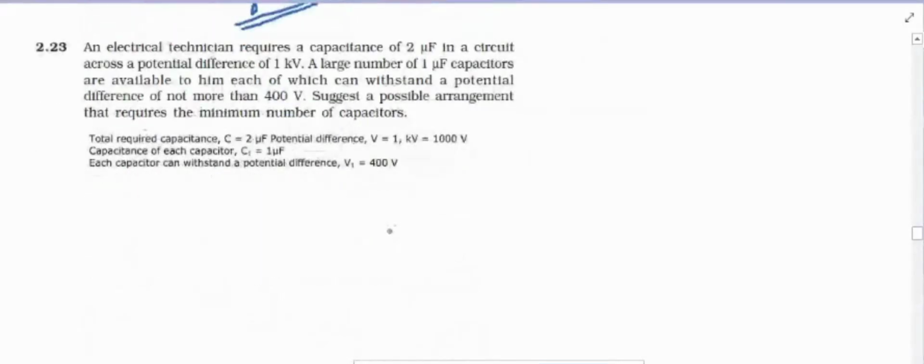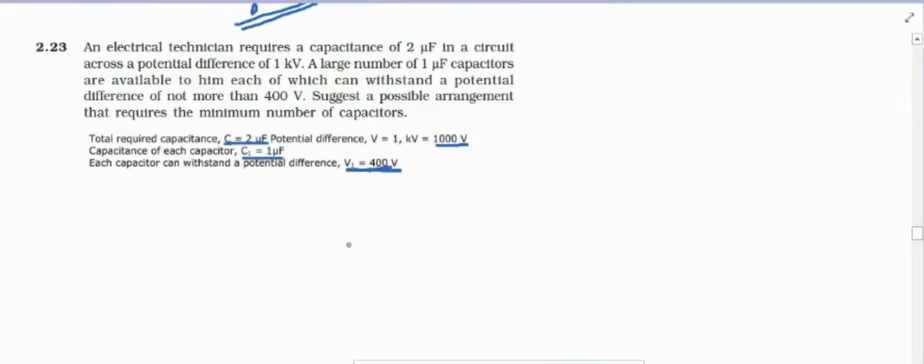Now, next question 23. An electric technician needs a 2 microfarad capacitor. The required capacitance is 2 microfarad. Available potential difference is 1 kilovolt, that is 1000 volt. Available capacitors are only 1 microfarad capacitors, and the maximum potential difference that can be sustained by a capacitor is 400 volt only.